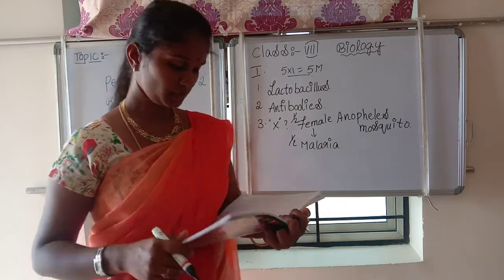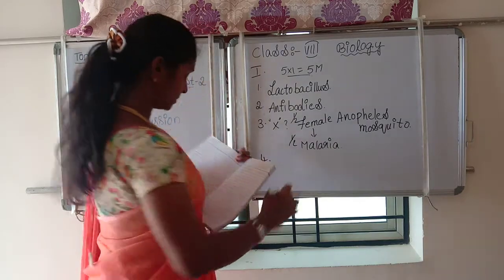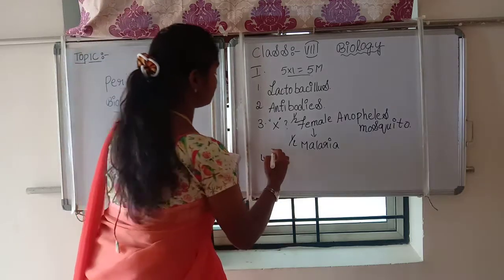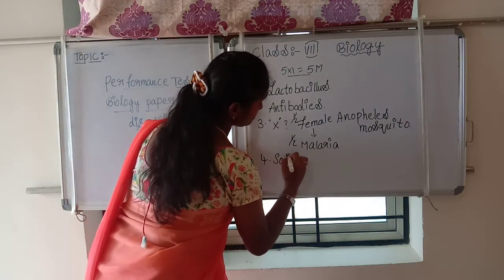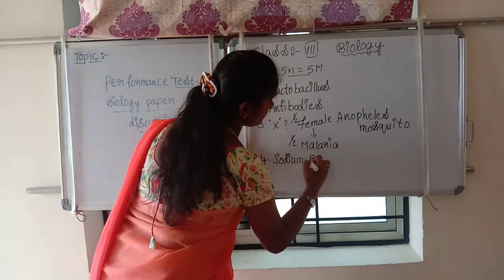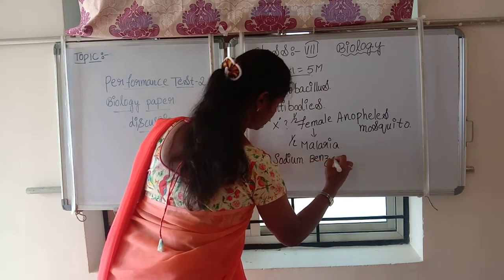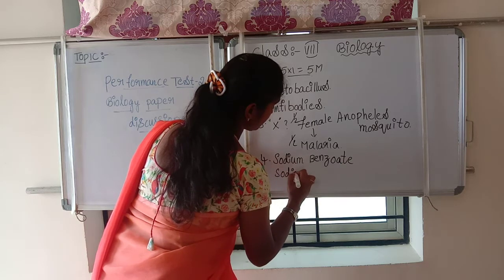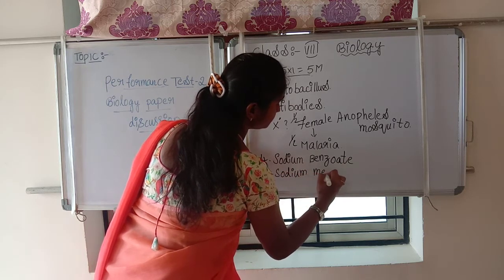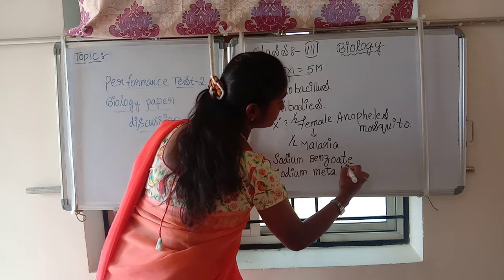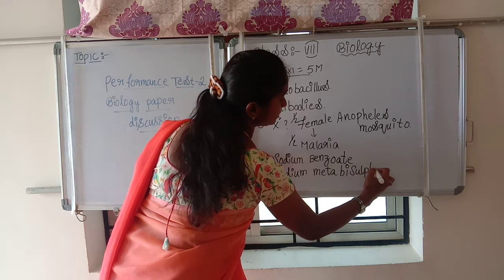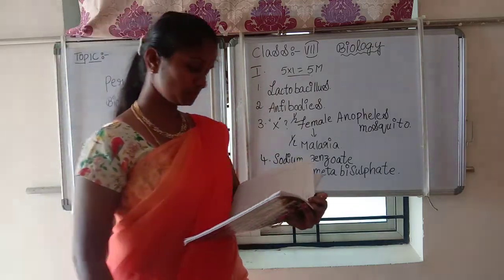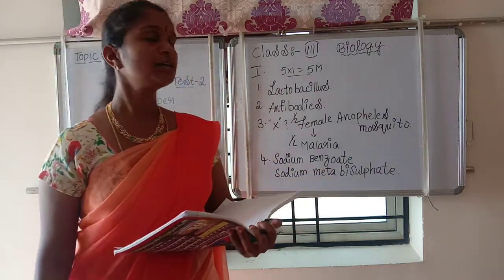That is nothing but sodium benzoate and sodium metabisulfite. Yes, these two chemicals are used to preserve jams and squashes.